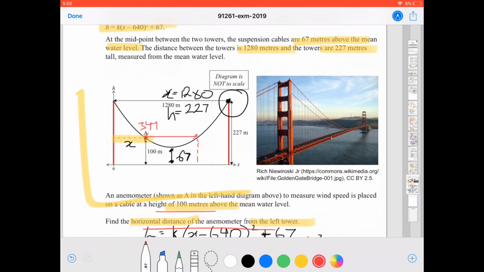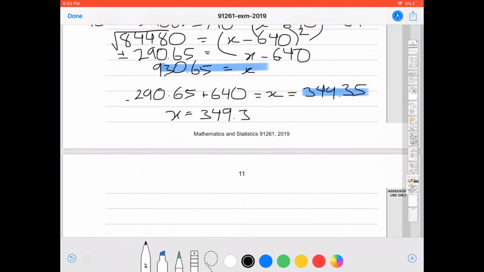That makes pretty good sense just looking at the spacings. Obviously the total is 1280. So here x equals 349. So we go down here and we say, let's just say x equals 349.35, and that is our answer here.